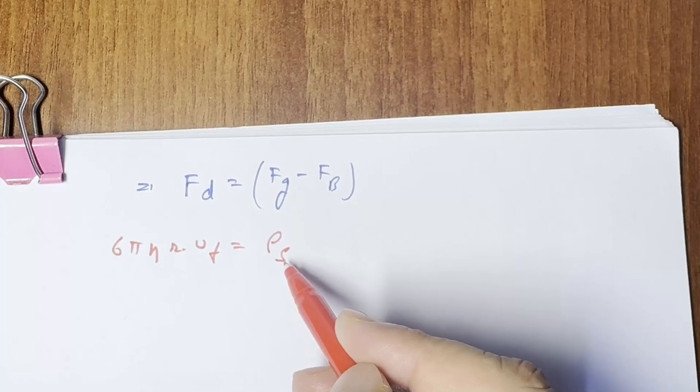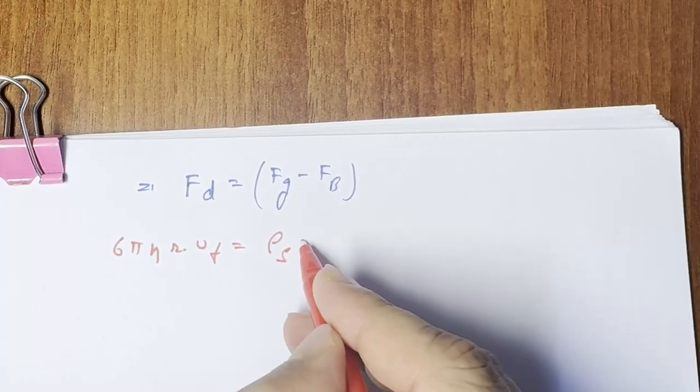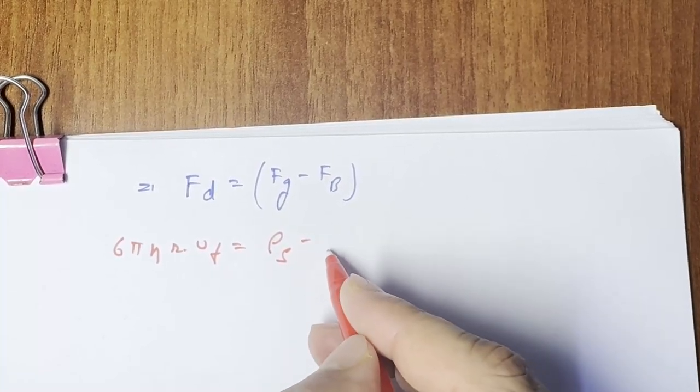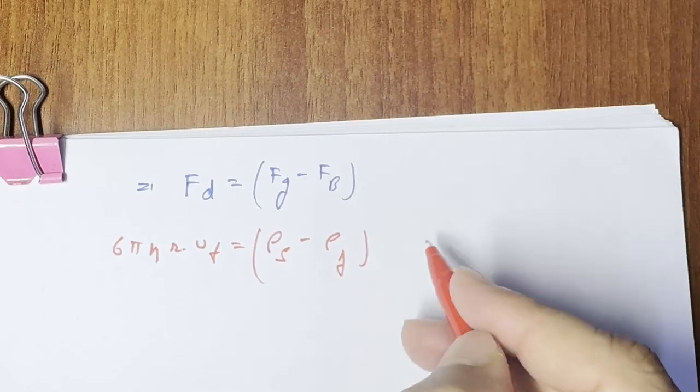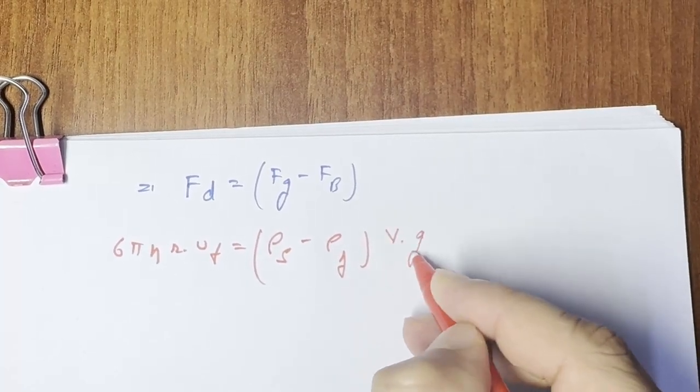rho s, which is the density of the sphere, minus rho liquid, multiplied by V and g.